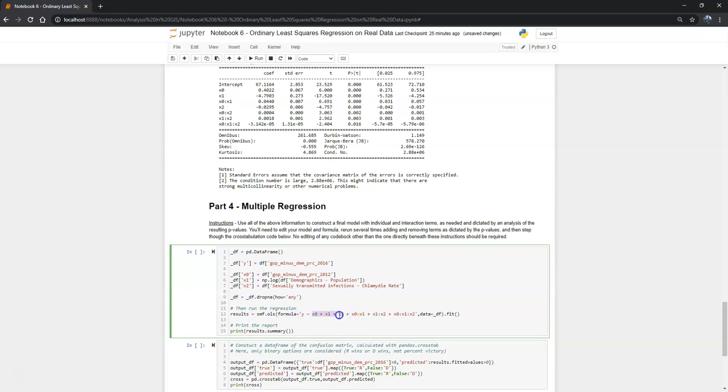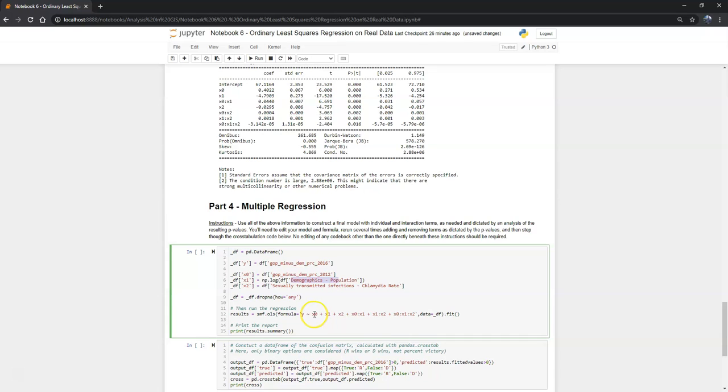So these are all of my base variables, and then this is the interaction between the 2012 vote and the demographics. This is the interaction between the chlamydia rate and demographics. But there was no term for 0 and 2 because, as I just demonstrated, without this log transform, that one's not significant, so I could just remove it.